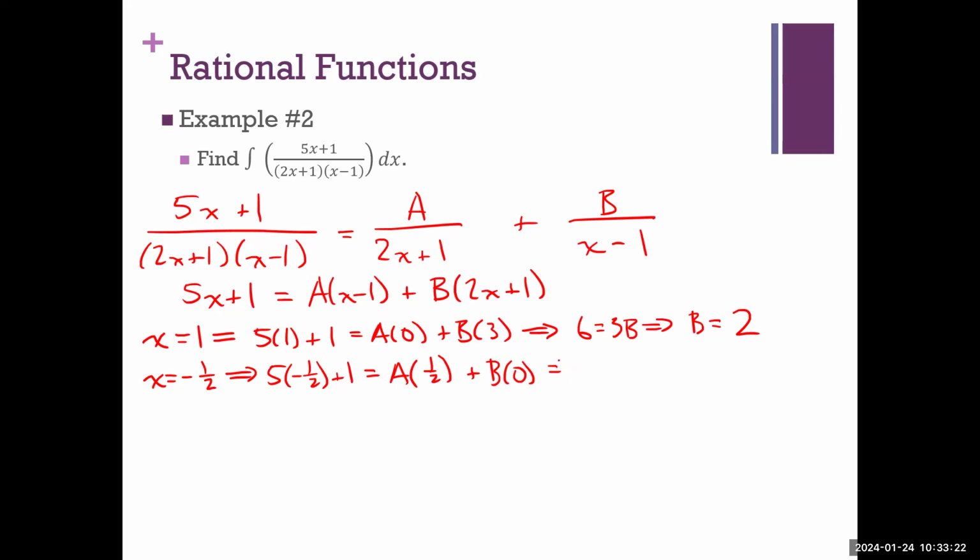Would it be negative 3/2? Oh, you're getting to the end. Okay, sorry. Here, let me catch up to you. So this would be negative 5/2 plus 1 is negative 3/2 equals 1/2 A, which means A equals negative 3.